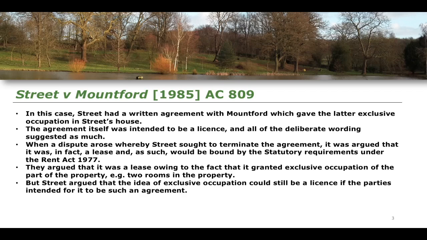And so when Street argued that the idea of exclusive occupation could still be a license if the parties intended it to be an agreement of such, the courts had to determine, A, what were the characteristics of a lease, and then B, whether or not this actually fell into those characteristics, and therefore meant that there were certain statutory requirements that Street had to uphold.